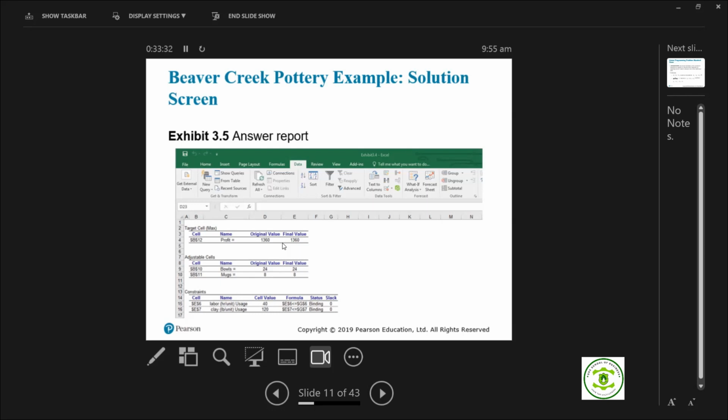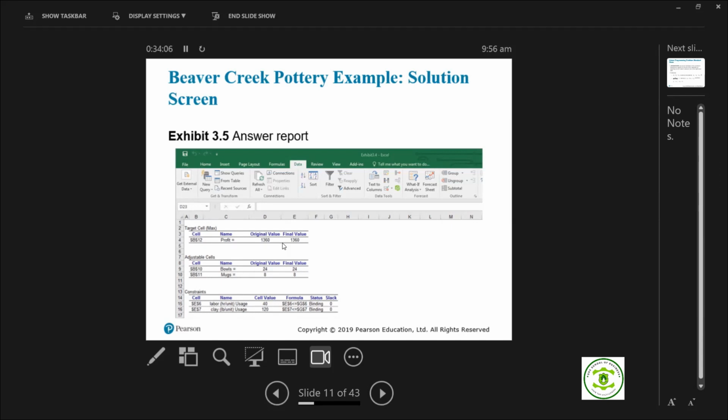And you see here that it has given us the status binding, which means that beyond some boundaries, and the boundaries can be either below or above, and we'll establish those boundaries later on, the $1,360 of profit is no longer attainable.